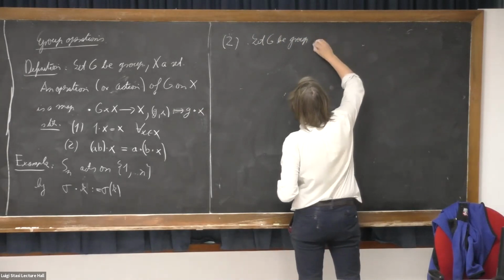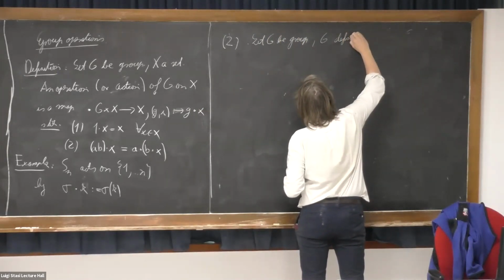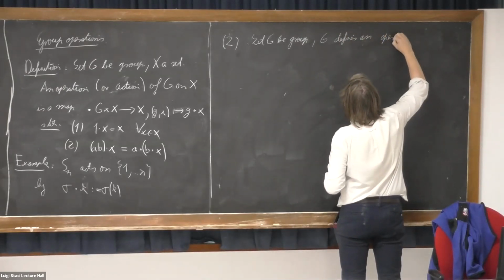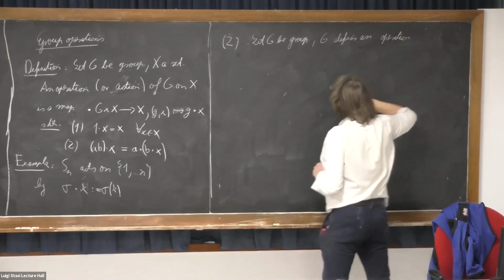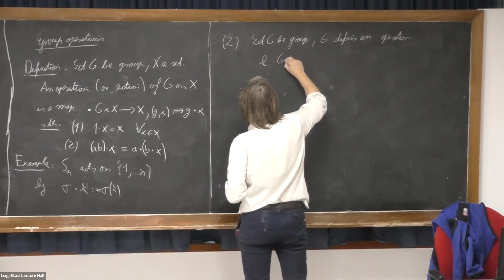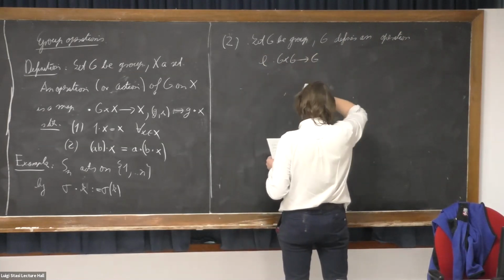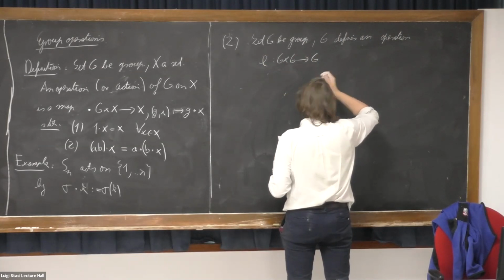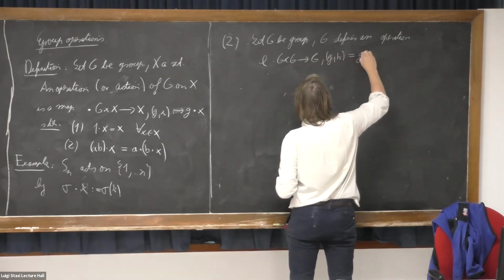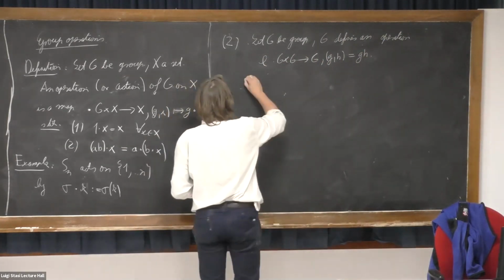Then G defines an operation L from G times G to G, sending (g, h) to gh in the group, the so-called left multiplication.